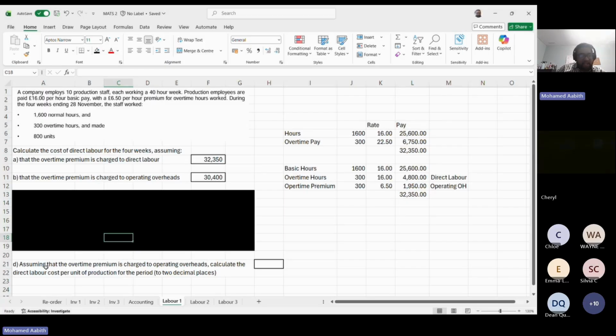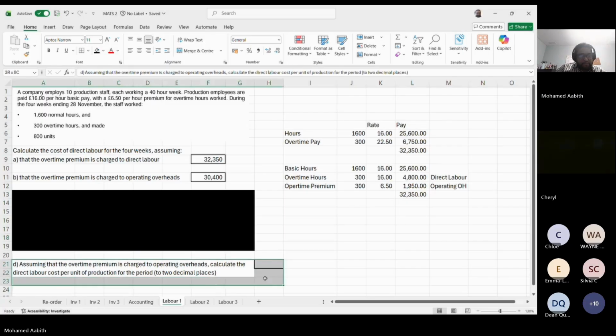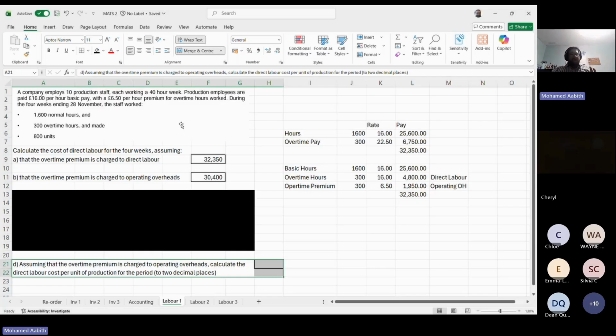But let's say here, they're saying, assuming that the overtime premium is charged to the operating overheads, calculate the direct labor cost per unit of production for the period to 2 decimal places. So how many items have I created?